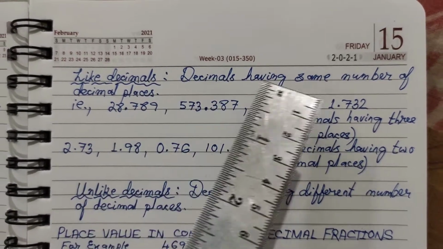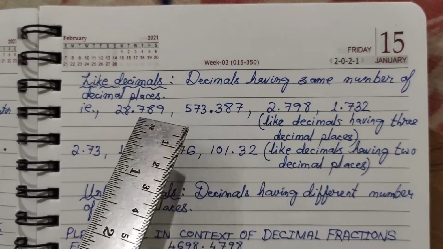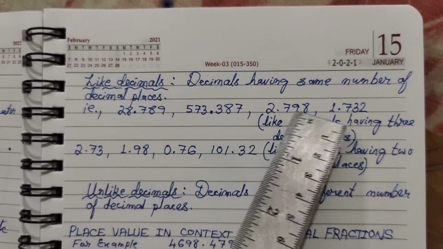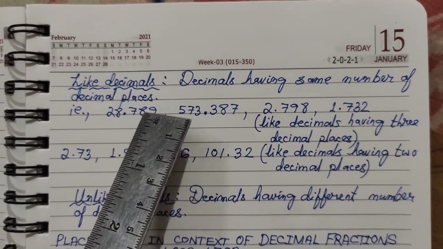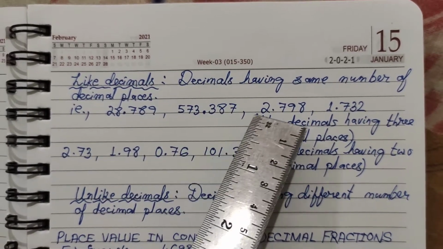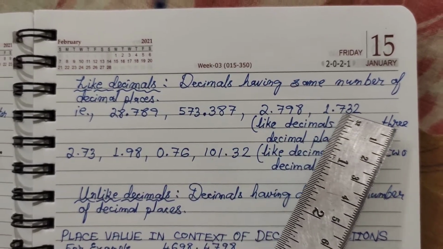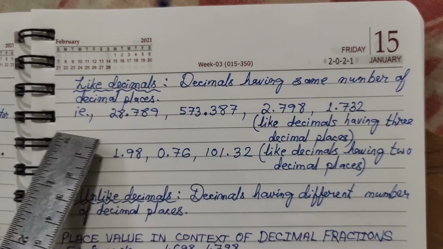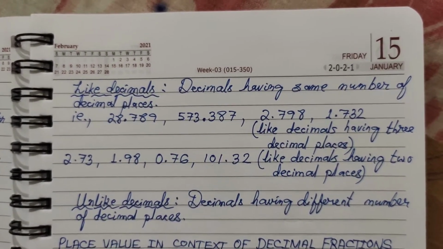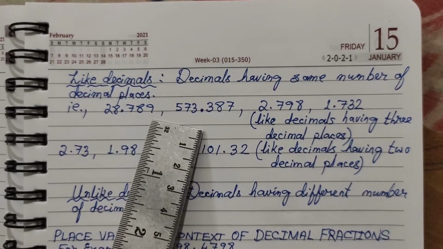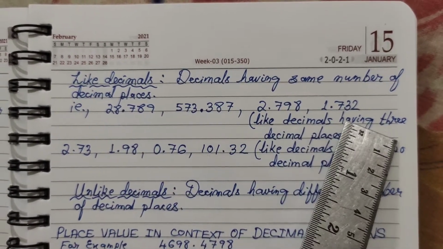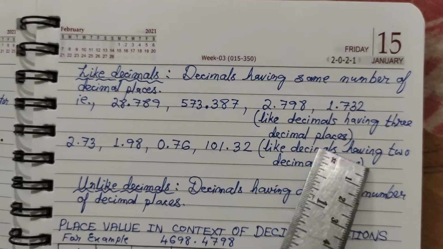These 4 decimal numbers that I have written here, notice in all of them, after the point there are 3 digits. So they are like decimals having 3 decimal places.